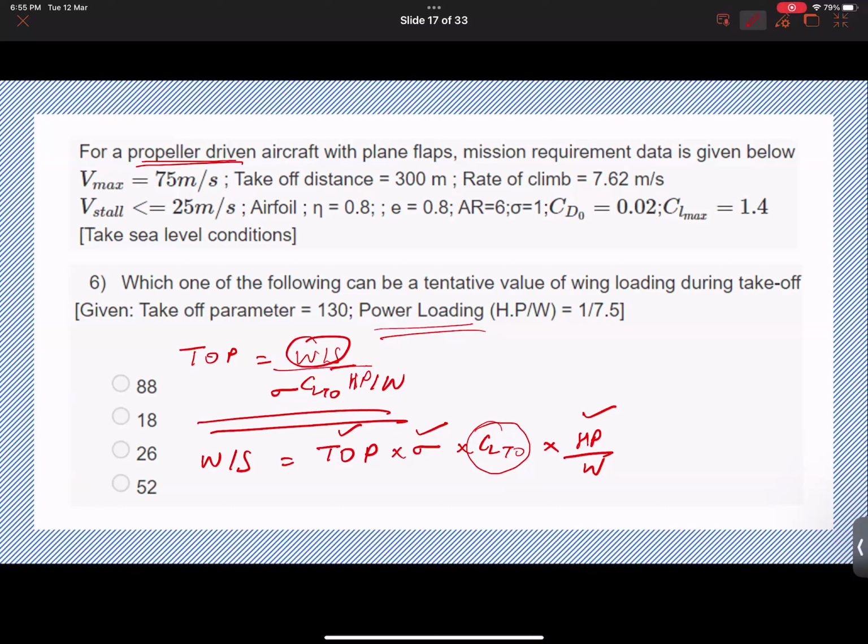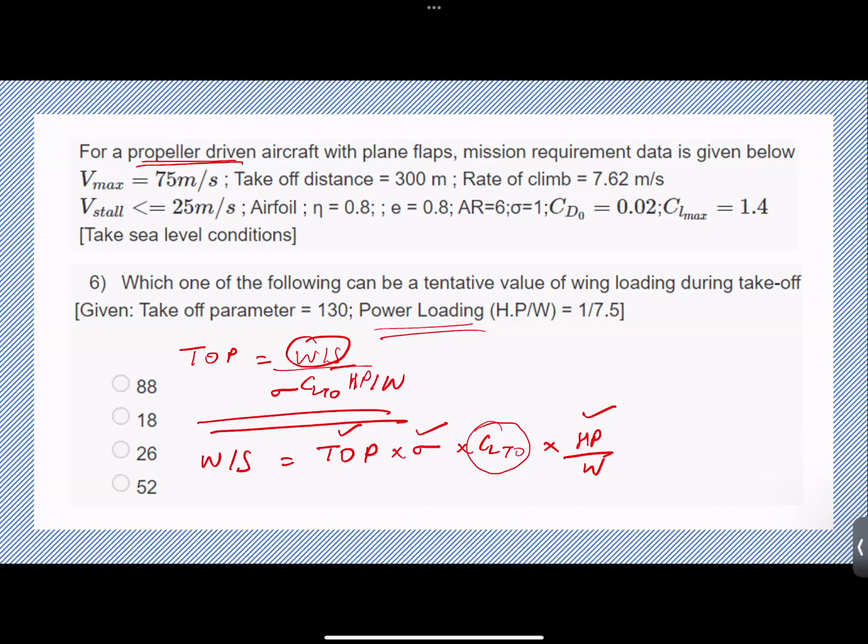The option B. Has anybody else gotten any other answer? Can you tell us how you got option B?